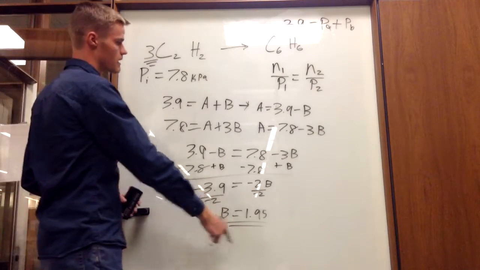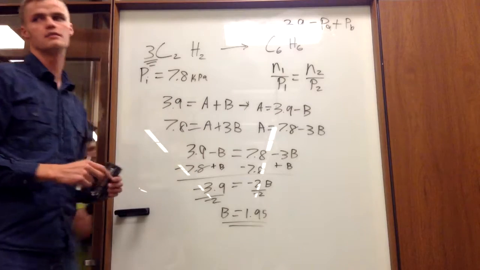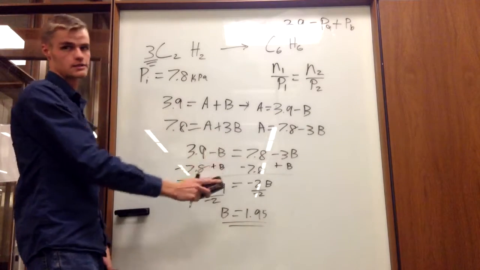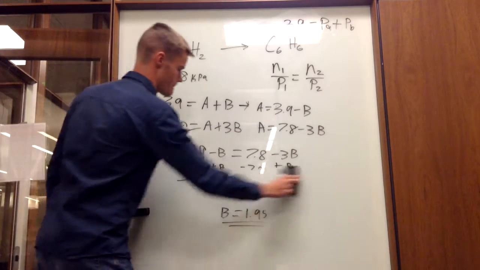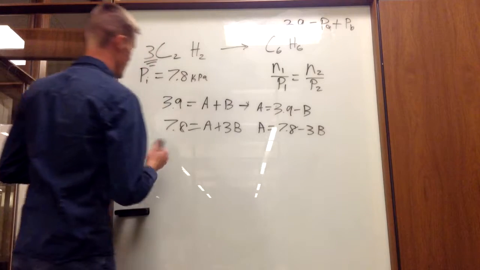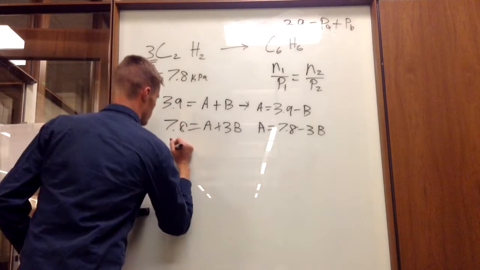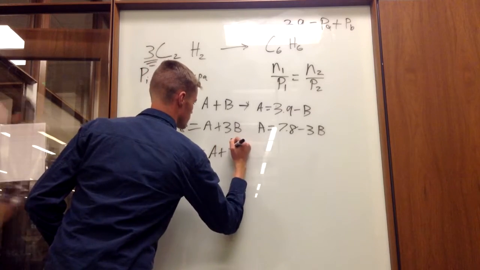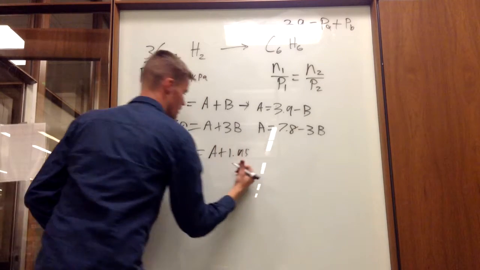We need to plug this B back into here to figure out how much of the acetylene we have left over. So I'm going to erase all this. B equals 1.95. We're able to say that 3.9 is equal to A plus 1.95.